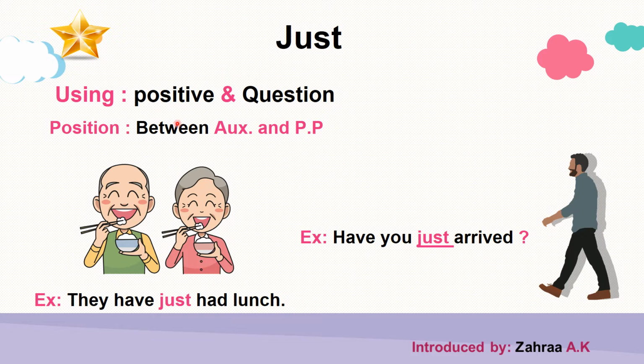So if we have the positive, في حالة الإثبات، إذا أخذنا مثال: they have just had lunch. They have just had lunch. هم يتناولون الغداء توا أو منذ برهة. So they is the subject. Have is the auxiliary, بما أنه عندي they جمع إذا راح نستخدم auxiliary have, as we said in the previous video for the present perfect tense. Just is the adverb of the present perfect.